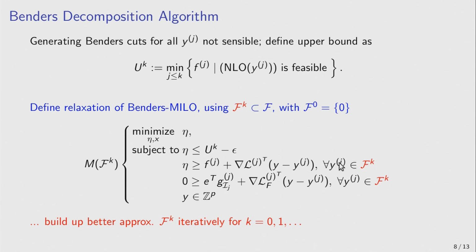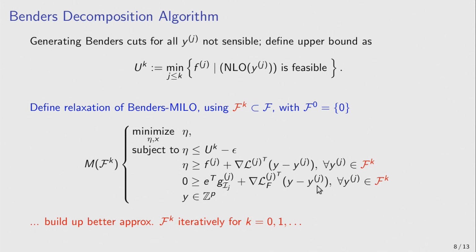And then, similar to outer approximation, we can define a Bender's master problem. This Bender's master problem now has the Bender's optimality cut, that's the first cut here, and the Bender's feasibility cut.